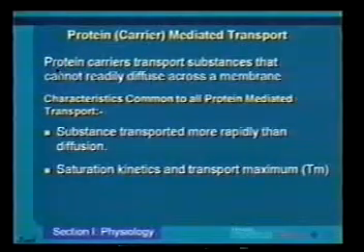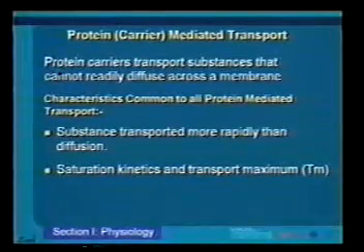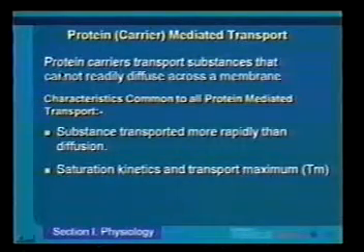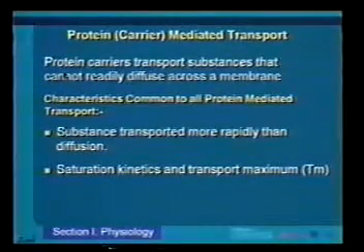If a substance readily diffuses across a membrane, there will not be a protein carrier for that substance. For example, oxygen and CO2 readily diffuse across membranes. Therefore, there is no such thing as a protein carrier for those gases. You should realize any lipid-soluble substance will readily diffuse across membranes.